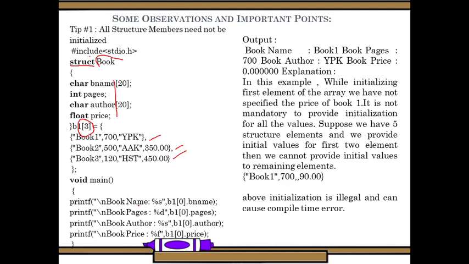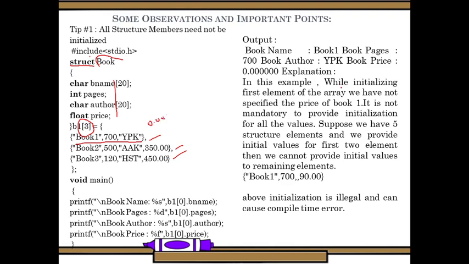See, book name, the first name, if you wanted to access it, you can access it by index 0. The book name is like Book 1, pages is 700, author is YPK, right? These values will be accessed, but there is no book price, so the default value for float is 0.0, right?